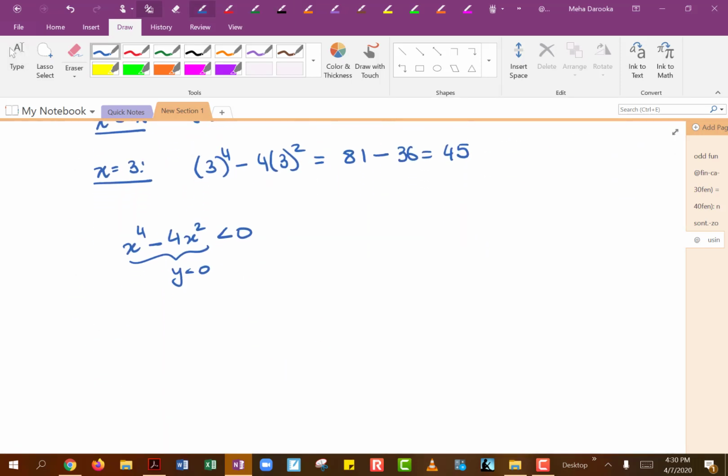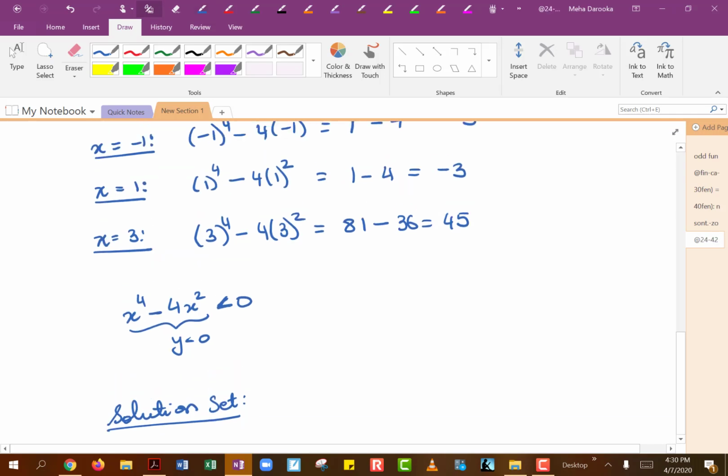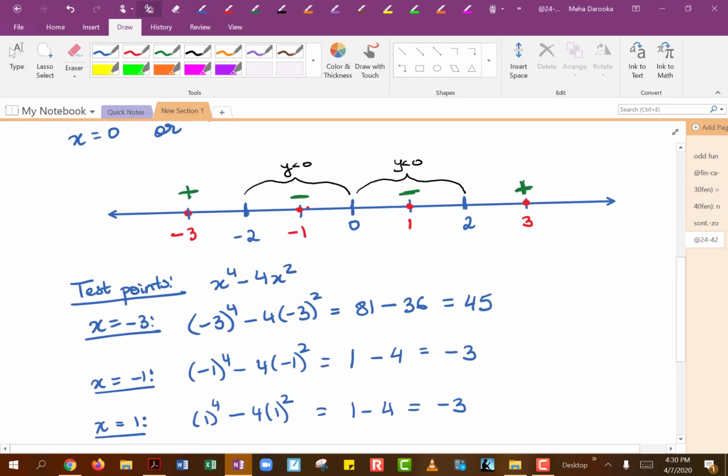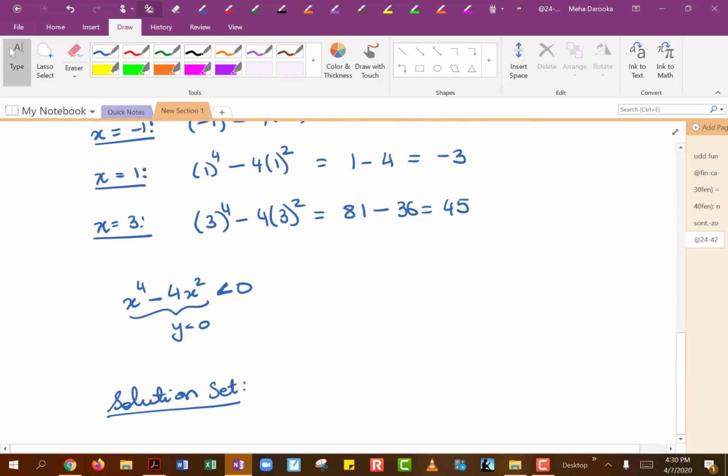So when you're writing your solution set, again, remember this is just less than 0, right? They are not saying less than or equal to. So when you write this, you are going to say it's going from -2 to 0. Stop, because you cannot include 0, and then you would say it's going from 0 to 2.